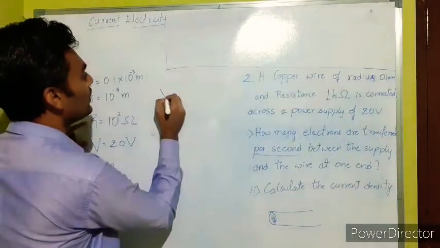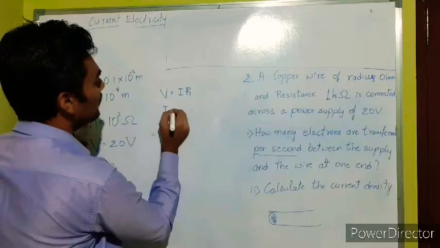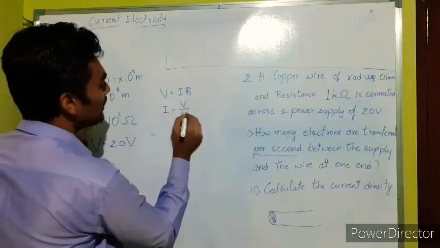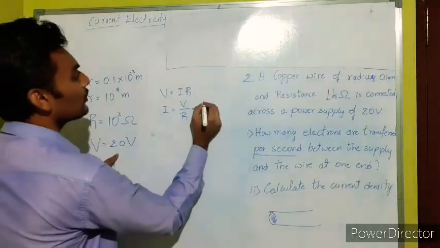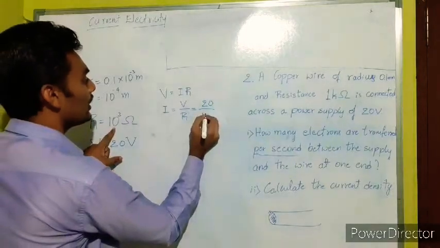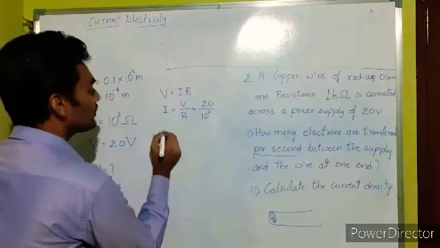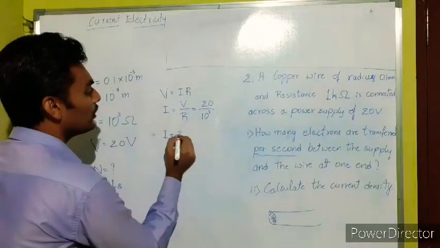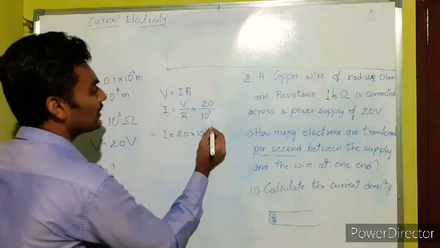So first let me work for I. Ohm's law says V is equal to IR, and hence I becomes equal to V by R. What is V given? V given is 20 volt, right? What is R given? R given is 10 to the power of 3 ohm, right? 1 kilo ohm. So current becomes equal to 20 into 10 to the power of minus 3 ampere.